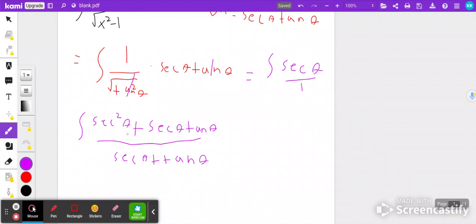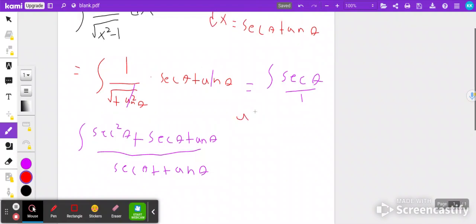So if I use a u substitution, I'm going to use red here. If you let u be equal to the denominator, secant theta plus tangent theta, you can see that du becomes precisely secant squared theta plus secant theta times tangent theta.